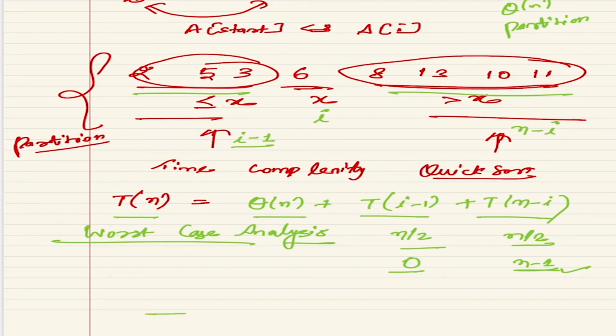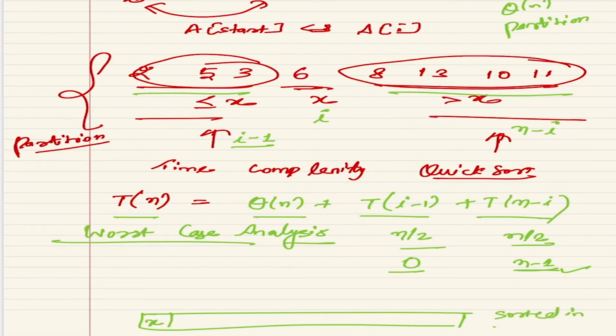Now when can that happen? In an array, x is the smallest and everything is larger than that, and that will always happen when the array is sorted in increasing order. You start here, j is here, and every time j just keeps on increasing, there is no swap happening. So there is no second array, there is only this array of size n minus 1. Now you can analogously find the other case.